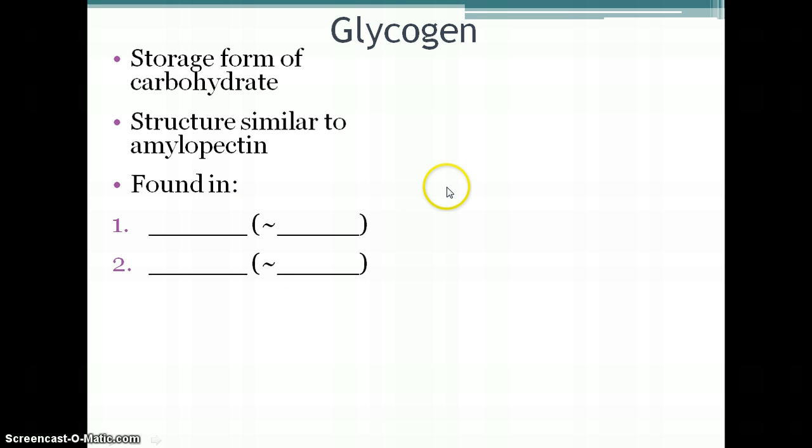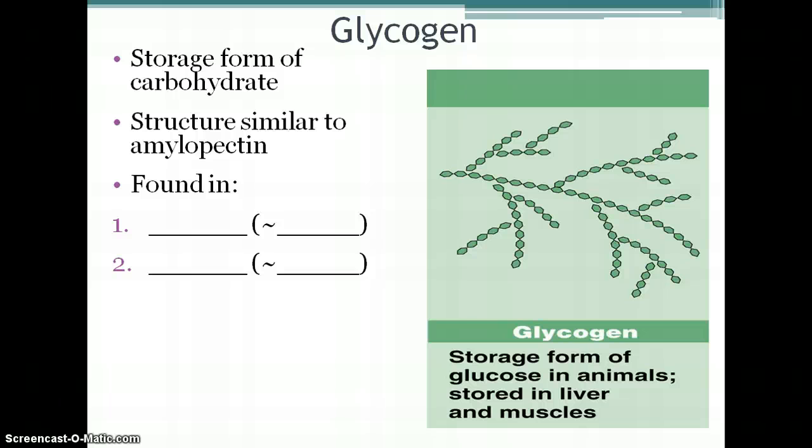Now we also have another polysaccharide that's found within our body, and that's called glycogen. There's going to be a few more terms related to carbohydrate that start with G. It's important to be able to distinguish between them. So glycogen is a storage form of carbohydrate, more specifically a storage form of glucose.